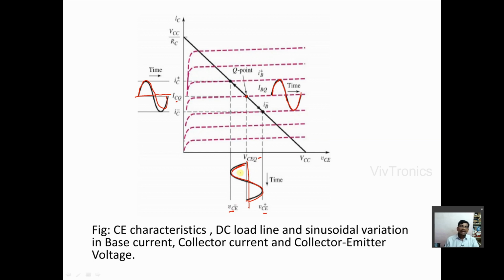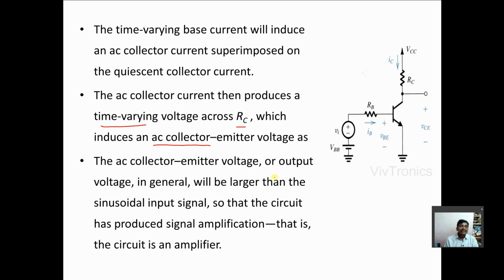So for these time varying signals, the DC reference values ICQ and VCEQ, which means the Q point, are the base. Based on that Q point, we develop the AC current as well as the AC voltage. The AC collector to emitter voltage, or the output voltage in general, will be larger than the sinusoidal input signal.